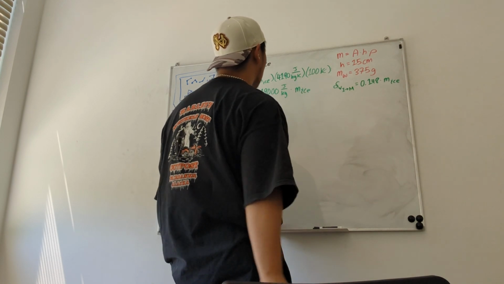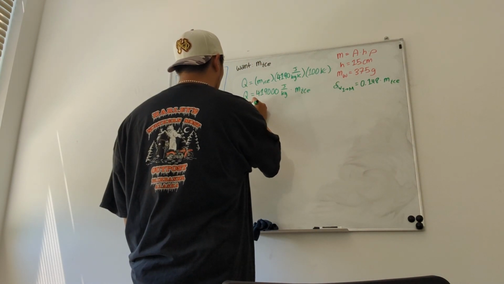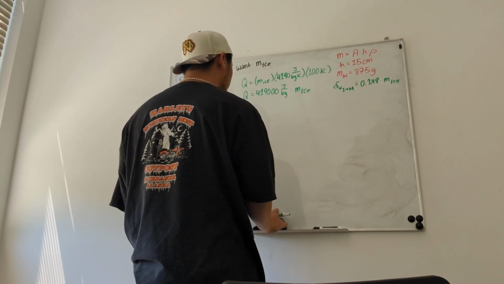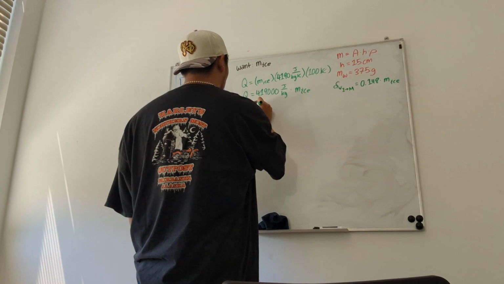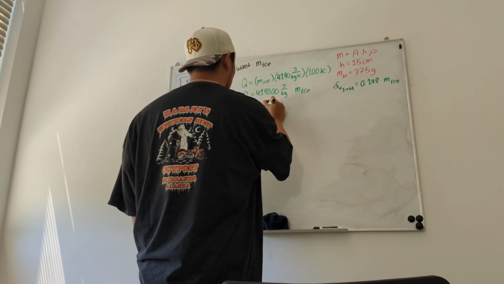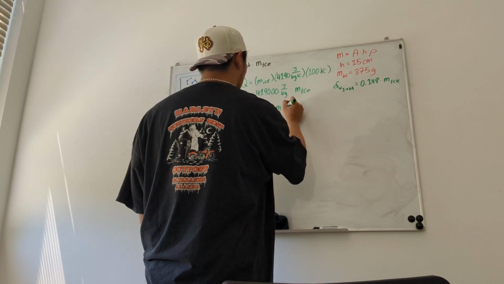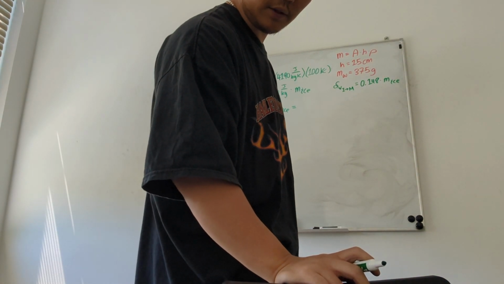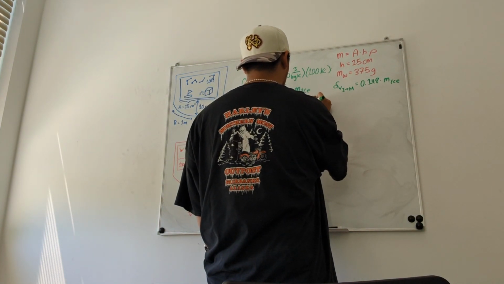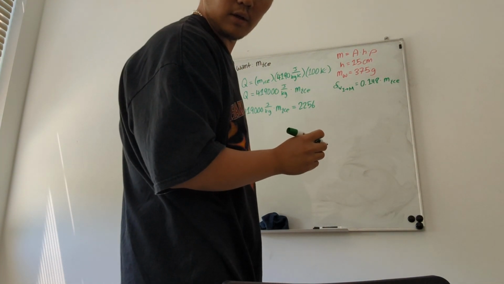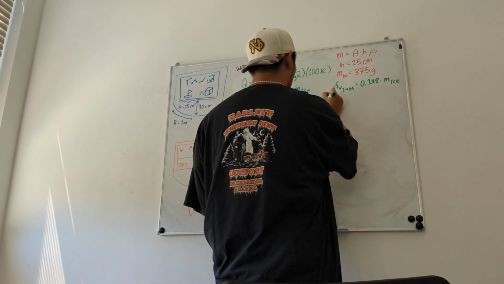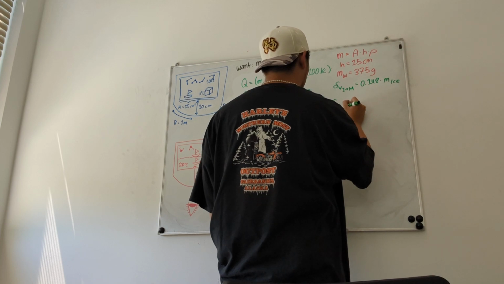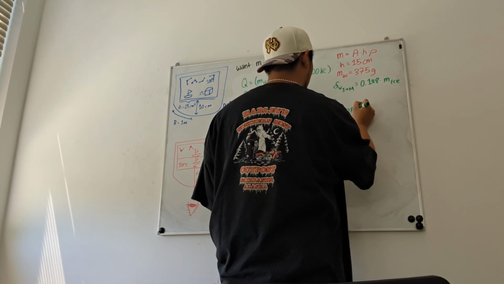So the same to get the vaporization. That is our Q actually. So our Q is 419,000 joules per kilogram times the mass of ice, equal to vaporization, which is 2256 kilojoules per kilogram, times the mass of vapor from middle to final.